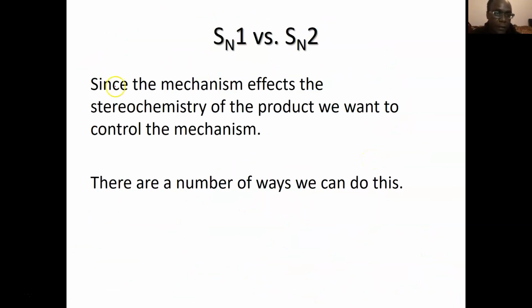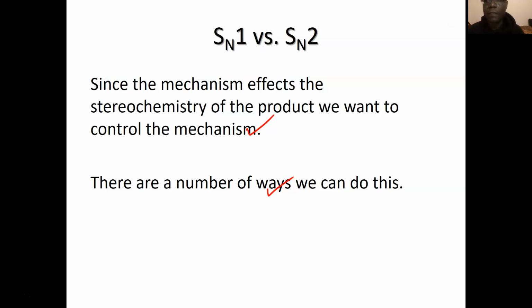Okay, so since the mechanism affects the stereochemistry of the product, we want to control the mechanism. There are a number of ways we can control the mechanism. If you want to go either SN1 or SN2, there are things you can tweak in your reaction conditions to make sure you only have SN1, or you mostly have SN1 versus SN2, or you only have SN2, or you mostly have SN2 versus SN1, because both of them are substitutions.